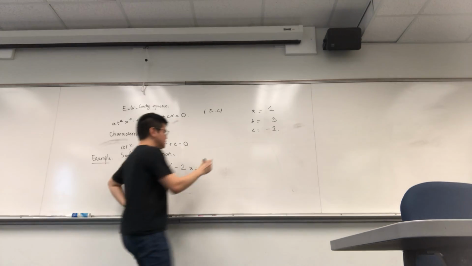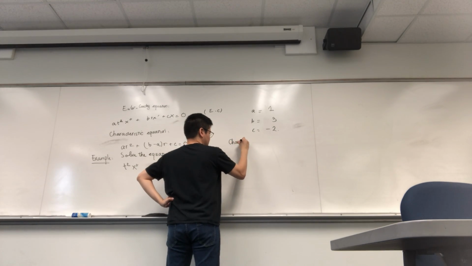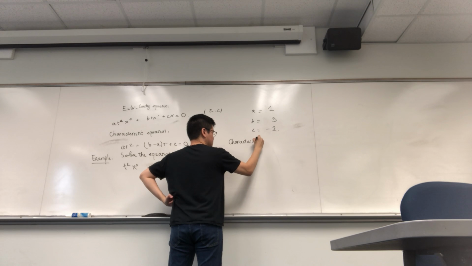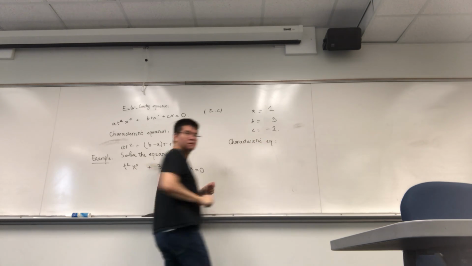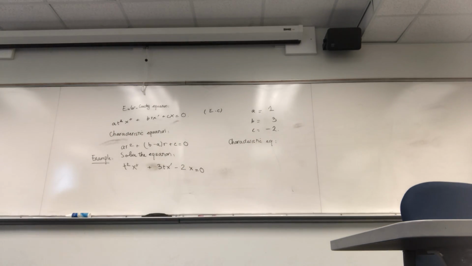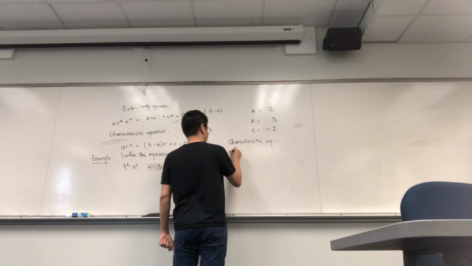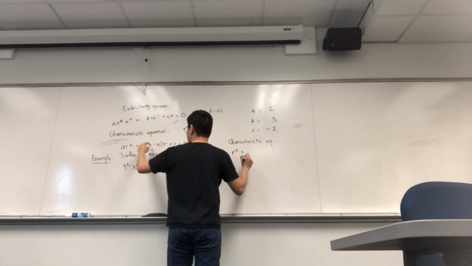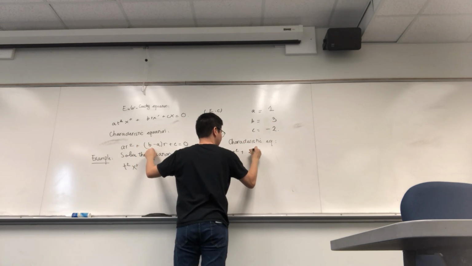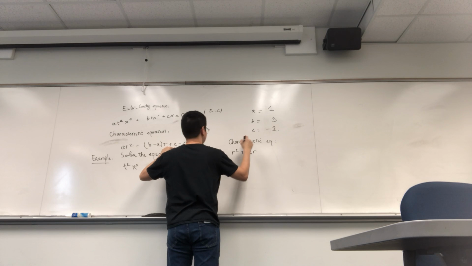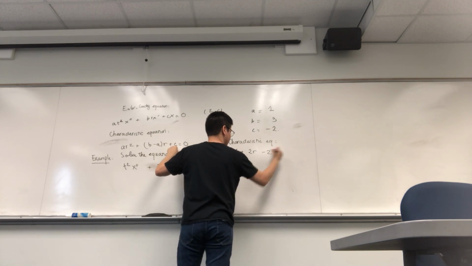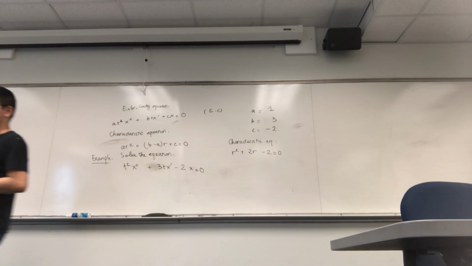And the characteristic equation. So what is the characteristic equation in this case? Yes? Can you say it back to the paper please? So you have r squared plus (b minus a) r, so this is 2r, and c will be minus 2.